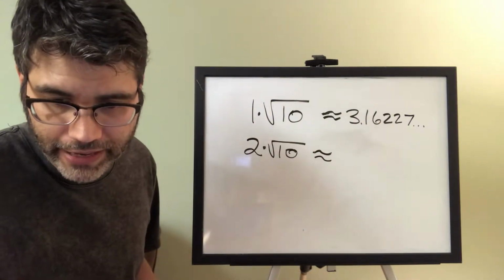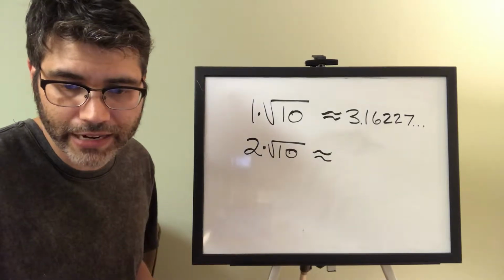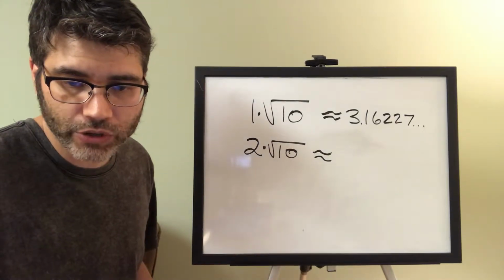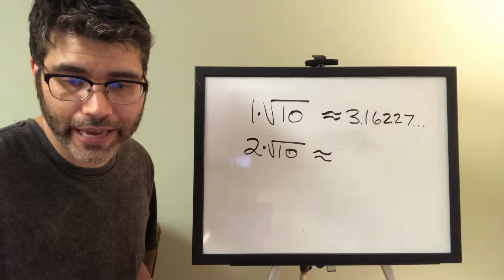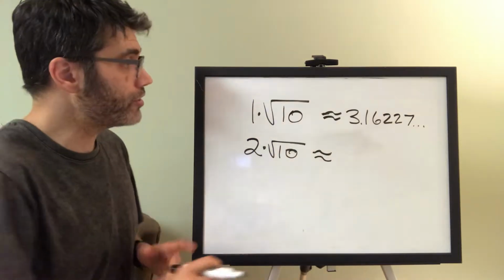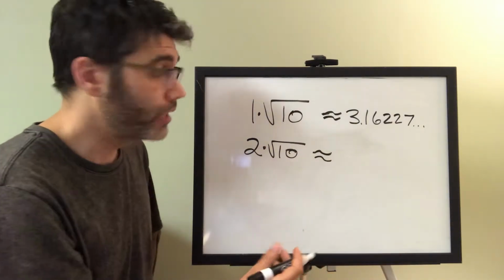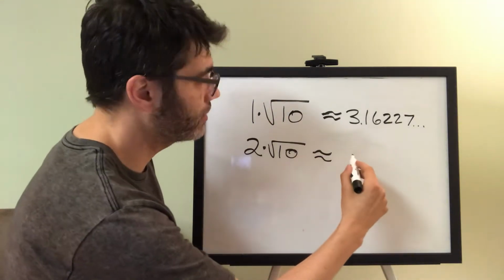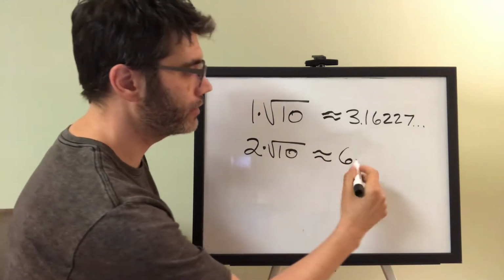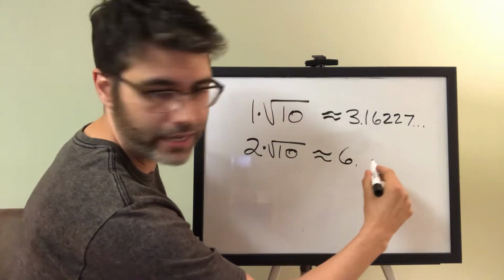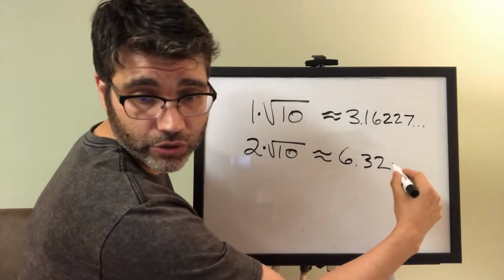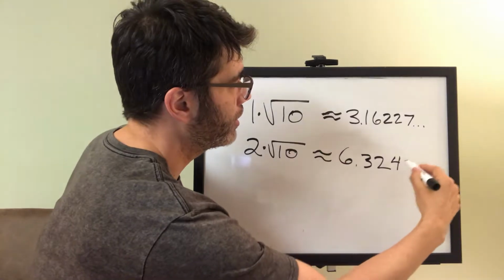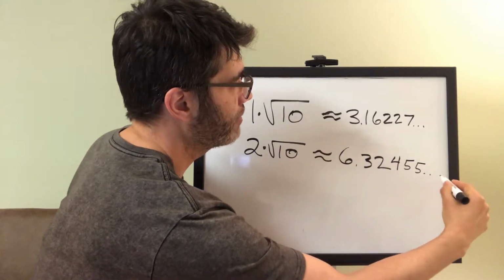I'll take the square root of 10 and multiply it by 2, and I will get something that is also irrational, and it'll be approximately 6.32455, and it just goes on forever.